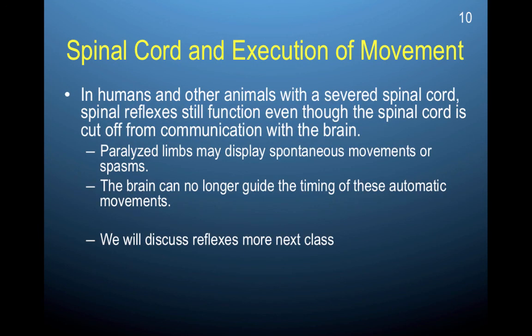In humans and other animals with a severed spinal cord, spinal reflexes still function even though the spinal cord is cut off from communication with the brain. So paralyzed limbs may display spontaneous movements or spasms. The brain can no longer guide the timing of these automatic movements, but it does occasionally engage in spontaneous movements.